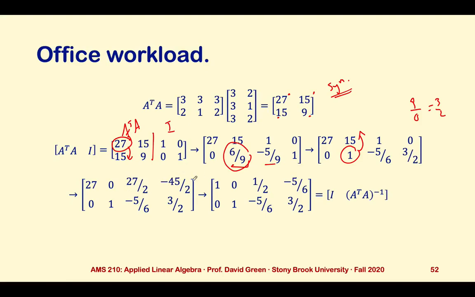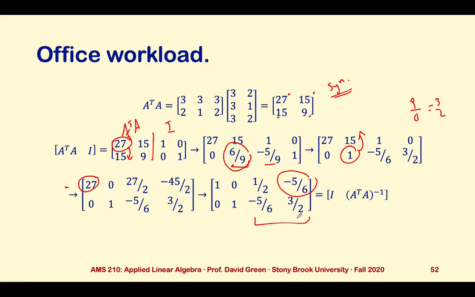These fractions look a little bit messy, but when we scale by this pivot, dividing through by 27, we get a 1, we get a simple 1/2, and this becomes 5/6. We're essentially dividing through by 27, which is 9 times 3. The 45 divided by 9 gives us 5, and we're left with 3 times 2 gives us 6.